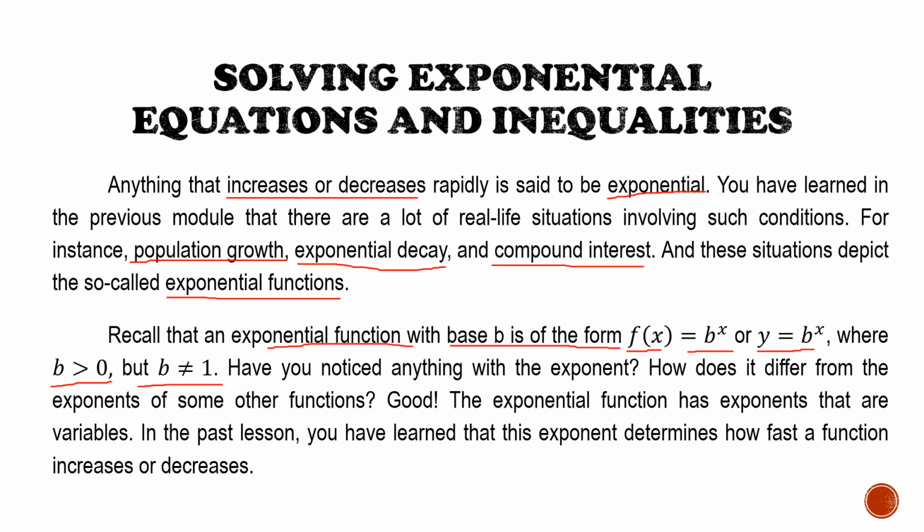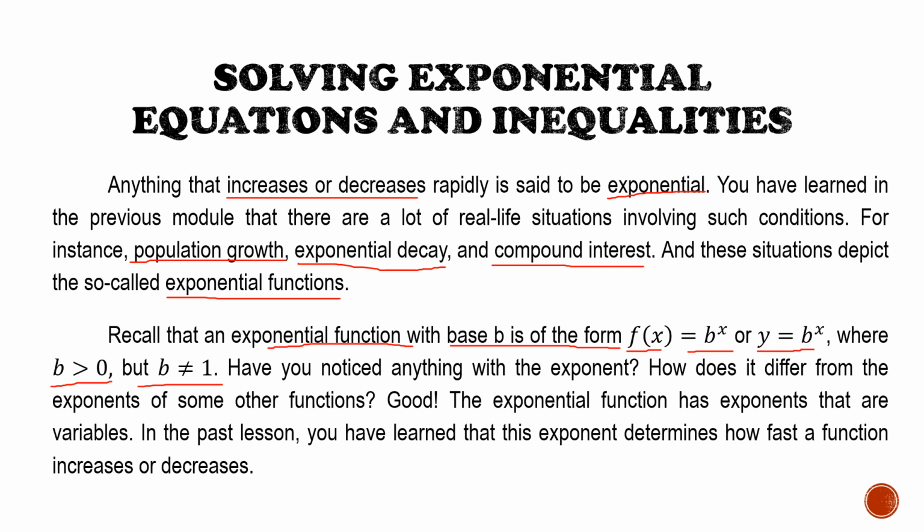So as long as there is an involvement of your two variables, that is your x and y variables, your x being your independent variable, then your y being your dependent variable, we need to satisfy again that your b is greater than 0, that your b is not equal to 1. So if your b is equal to 1 half, it's fine because it's greater than 0 and not equal to 1. Because 1 half is equal to 0.5, it's greater than 0 and not equal to 1.